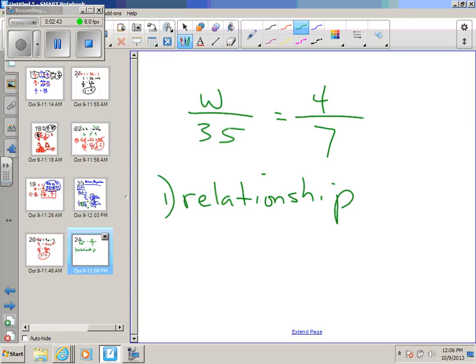As you go toward the missing value, do you find a relationship between 7 and 35? Kate, what about 5? Times 5, right? So 4 times 5 would be 20. Okay. So that's one of the options that you can go with.